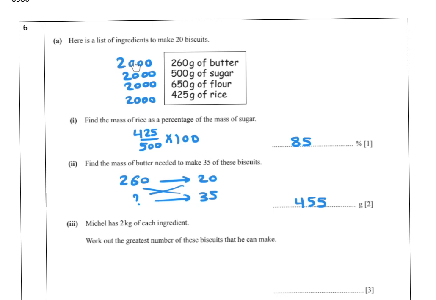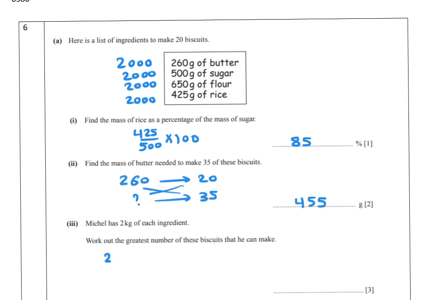You need to divide 2000 by 260, then multiply by 20, because each 260 enough for 20 biscuits. So I need to find the number of 20, number of group, how many groups. So divide 2000 by 260, then multiply by 20 to find the number of biscuits you can make from 2000 grams of butter.